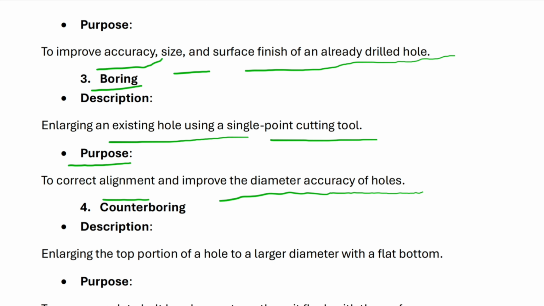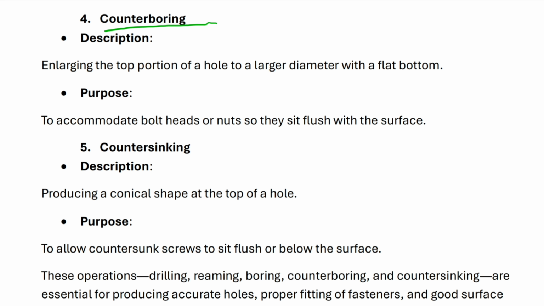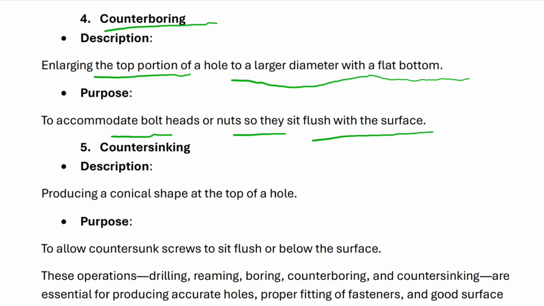Next is counter boring. What is counter boring? It is used for enlarging the top portion of the hole to a large diameter with a flat bottom. The purpose is to accommodate a bolt head or nut so it sits flush with the surface. Next is counter sinking, which produces a conical shape at the top of the hole.